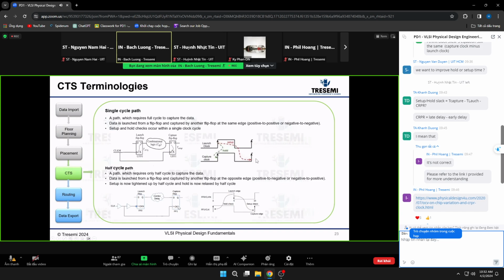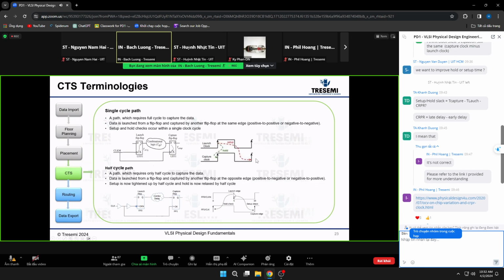Okay, so if you look at the waveform here, this is the waveform for the launch flop. Since this is negative, and this is positive, it starts at 0. At a half cycle, the negative edge happens. So this is where the data actually gets launched, at the negative edge, not here.